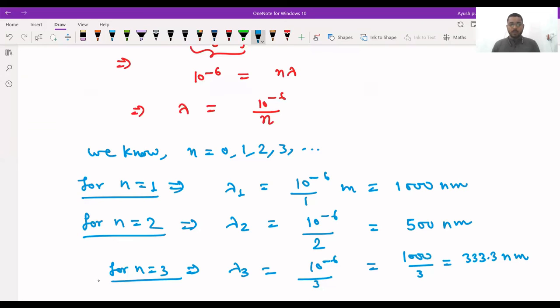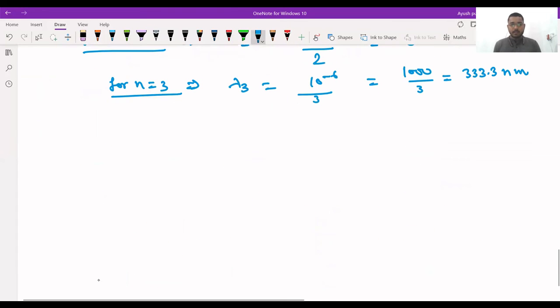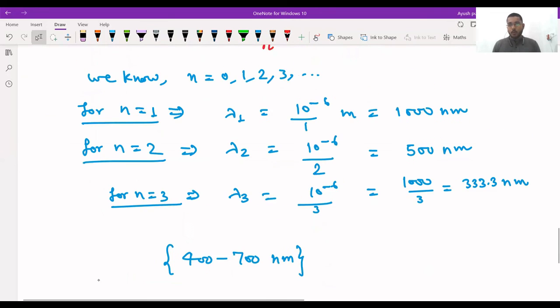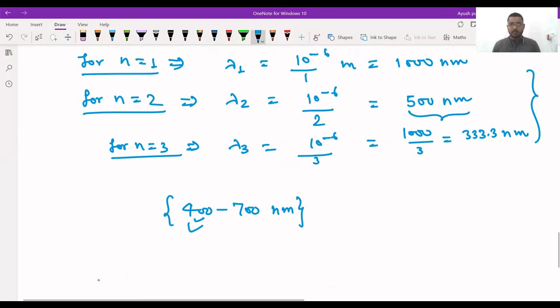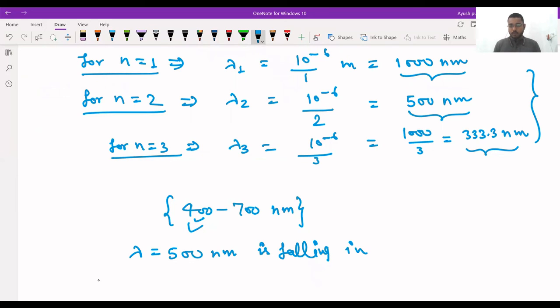Now, what is the range of white light? It is 400 to 700 nanometer. Which wavelength is falling in this range? Only 500 nanometer. 1000 is not in this range, and 333.3 is not in this range. So lambda equal to 500 nanometer is falling in this range.